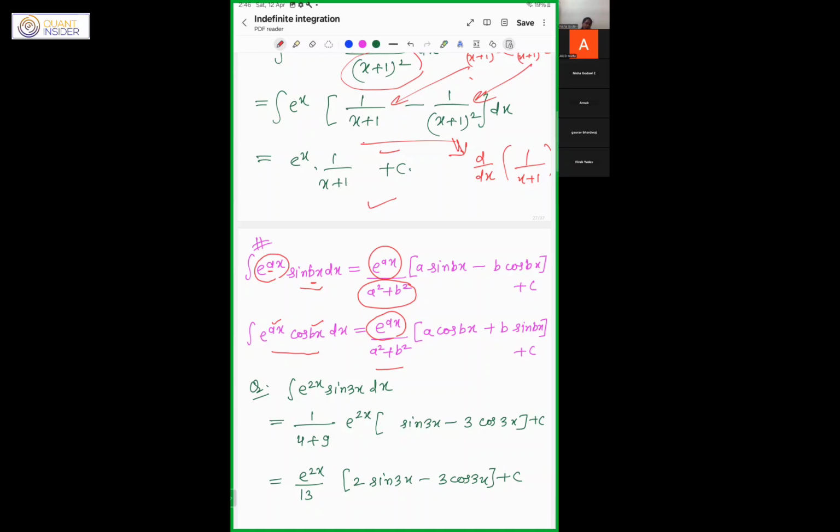Now what is the term inside the bracket? I always remember this like so. I take this constant a and sin bx, so this is a sin bx. Now replace this a by b, because a is already there.